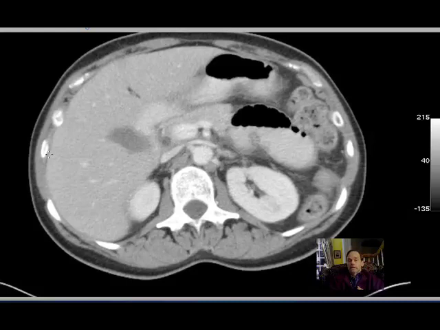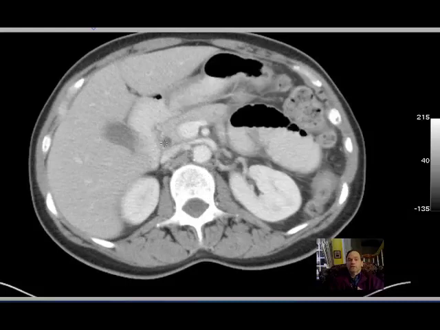And if you do see that, there are a number of causes. The most common is going to be a gallstone, which has passed into the common bile duct and is obstructing here in the pancreas. And a heroic diagnosis, a great finding, is to look in the common bile duct and say, oh my goodness, not only is there intrahepatic biliary dilatation, but I can see that there is a stone in the common bile duct.